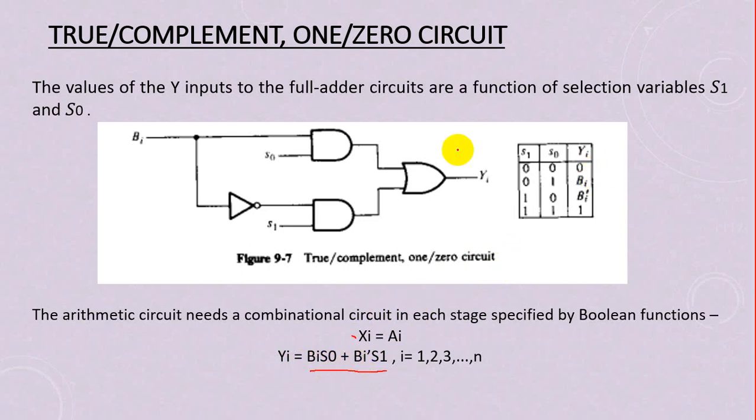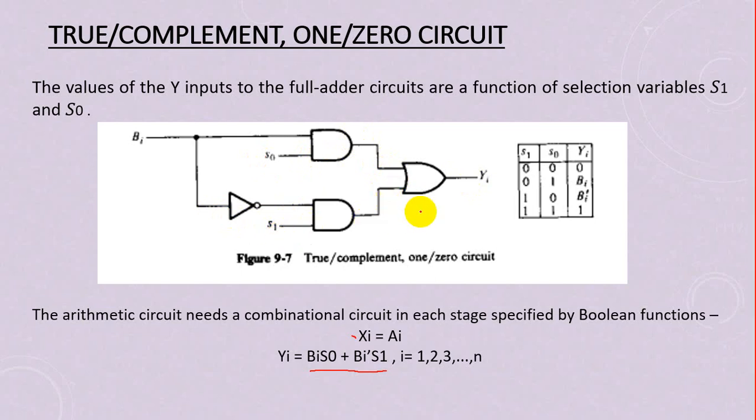So now design the circuit. This is your circuit. B S0: this is B, this is S0. And this is B bar S1.